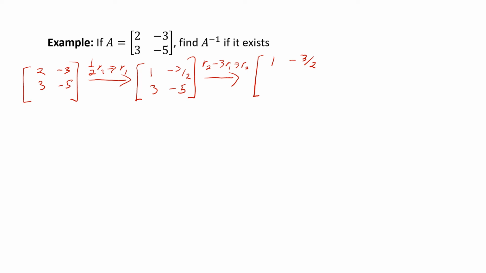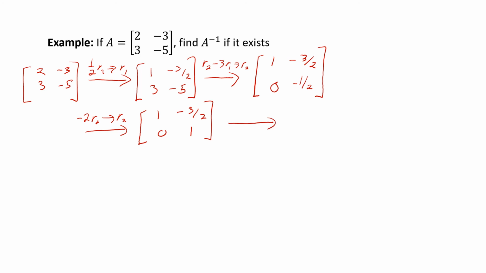Then on the second row, we get 0 and negative 1/2. Now let's get a 1 in the bottom right corner. So we are going to do negative 2 times row 2 is the new row 2. Gives us 1, negative 3 over 2, 0, and 1.